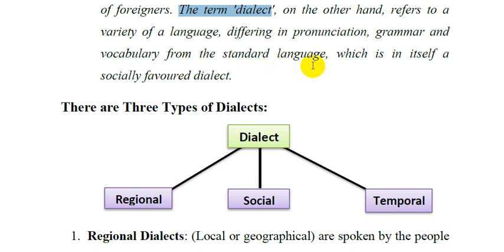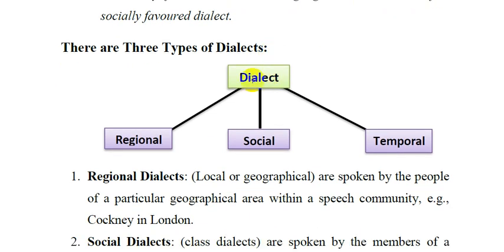There is a main language, and also there are some dialects. The main language is the one which all people depend on, but there are also dialects. So let's talk about the first one.